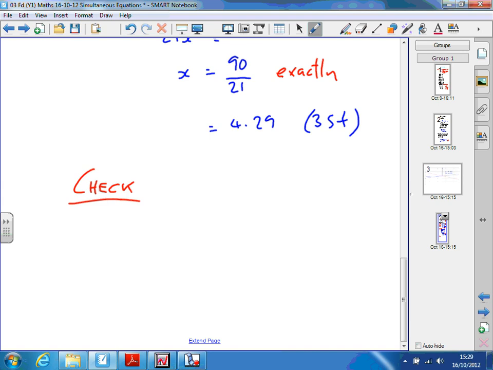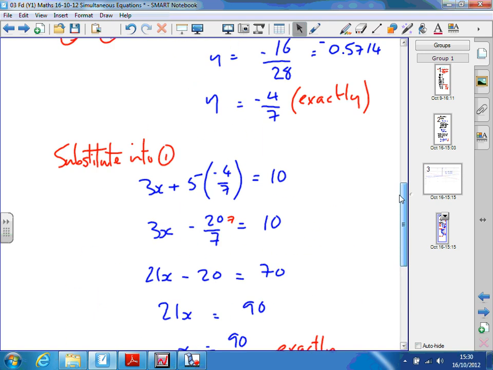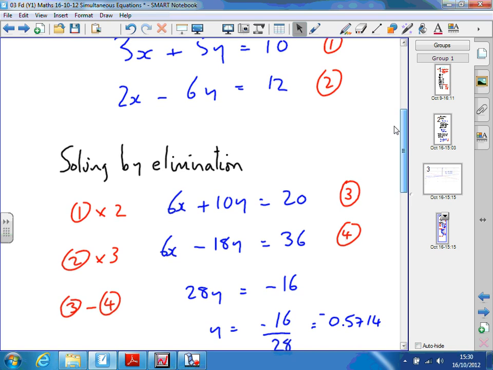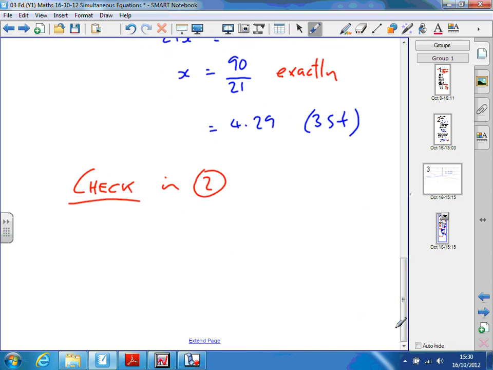You need these values of x and y, and so you check. You check in the original equation that you didn't use in the first place. So I substituted into 1 to get the other value. I check in 2. In other words, I rewrite equation 2, which is 2x minus 6y equals 12.